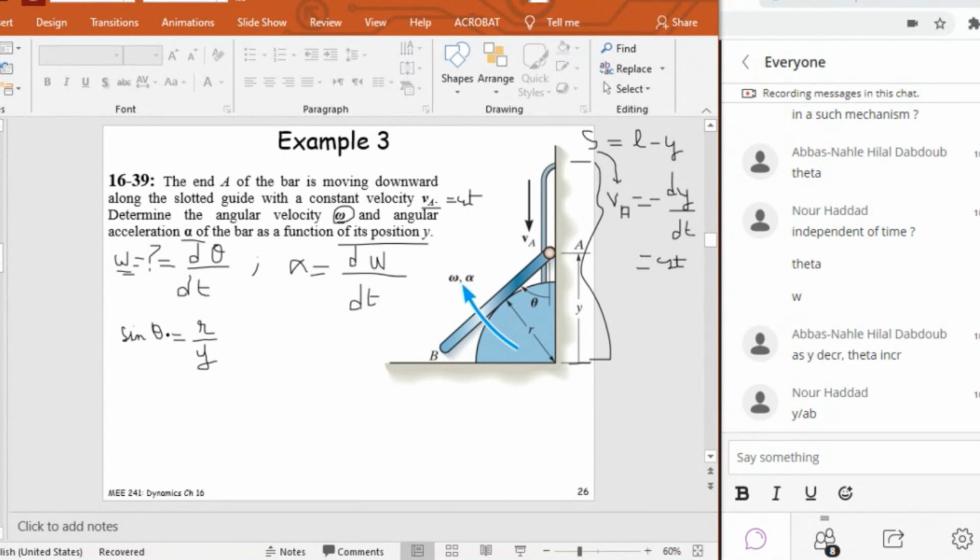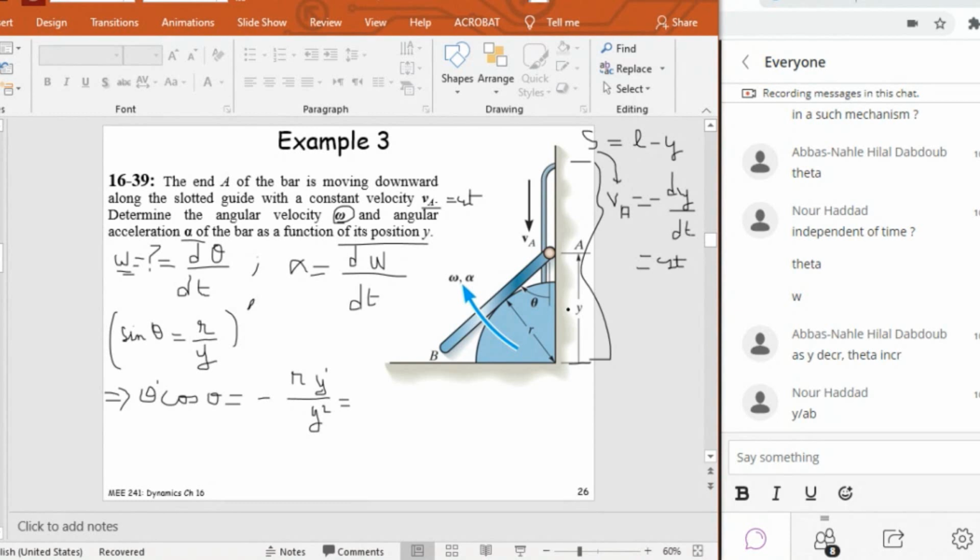If I do d theta over dt, I can find omega. So let's do the derivative of this relation with respect to time. So theta dot cosine theta is equal to, r is constant, minus r y prime over y squared.